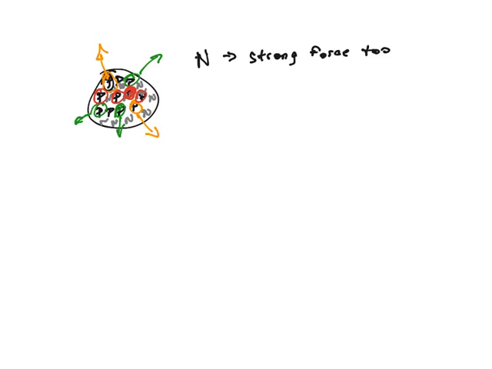So by placing a whole bunch of neutrons in there, you're putting more ability for the strong force to occur without increasing the positive charge. So you're basically putting in particles that give you more glue without trying to rip each other apart.